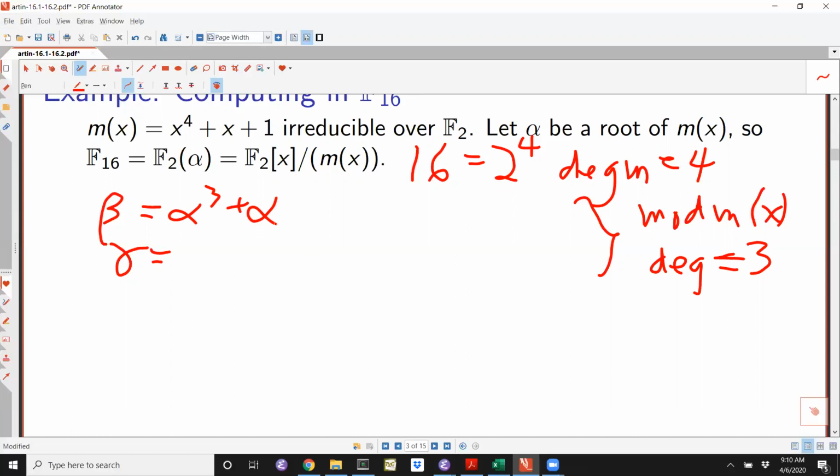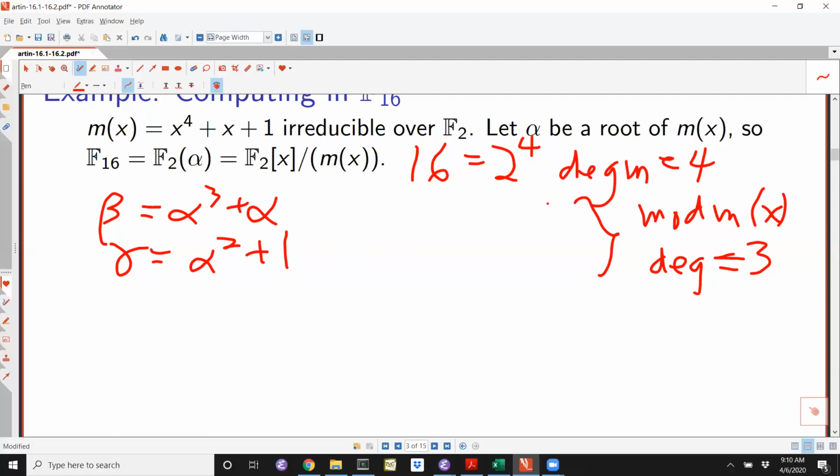And someone else, give me some subset of the set 0, 1, 2, 3. Zero, 2. Okay, so Carlos says 0, 2. And so we will somewhat randomly pick gamma equals alpha squared plus 1. Thank you for only picking binomials, which makes this go a little faster.